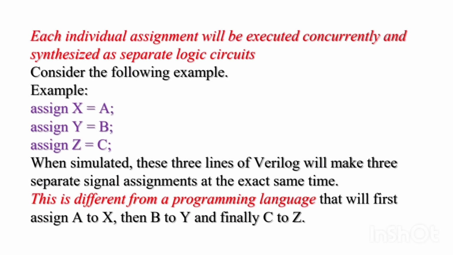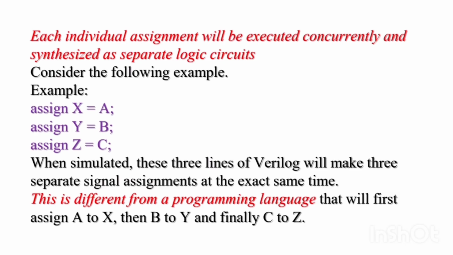In another example, a is assigned to x, b is assigned to y, and c is assigned to z. When simulated, these three lines of Verilog will create three separate signal assignments at the exact same time. So these are executed concurrently.